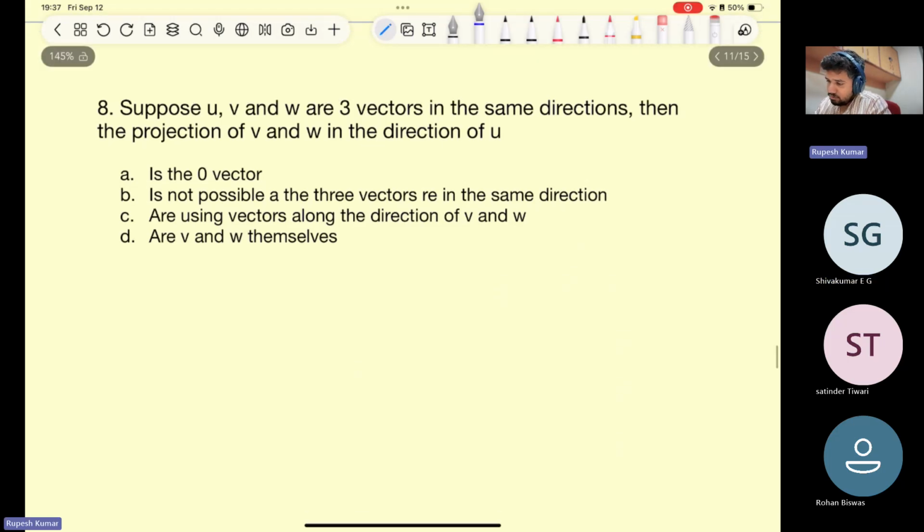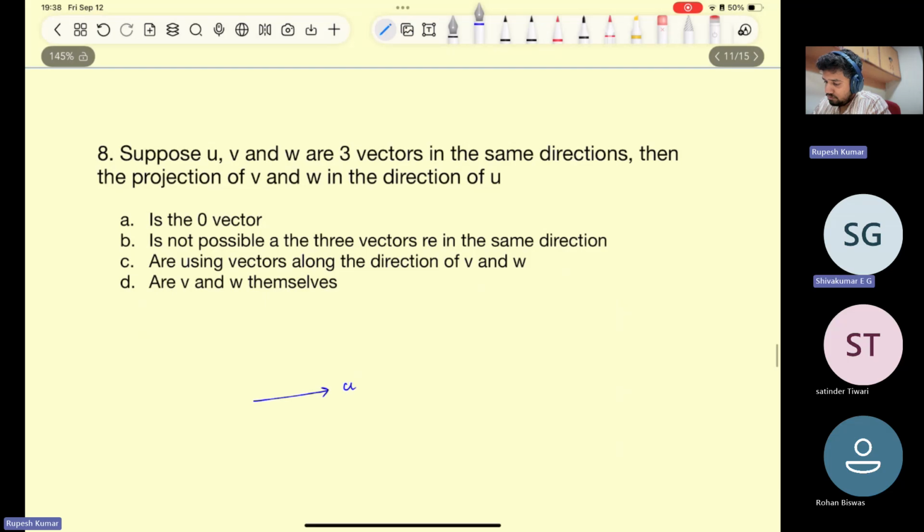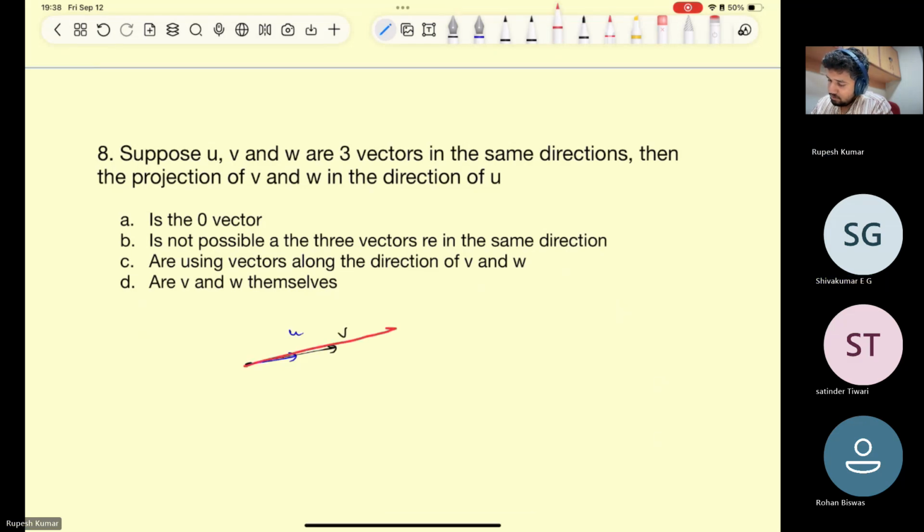So we have vector u, vector v, and vector w, in the same direction. Then the projection of v and w in the direction of u.